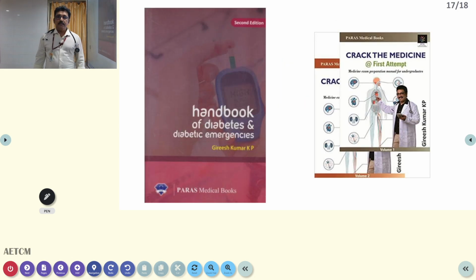So we have discussed the different types of insulin which are available for our practice. We have regular short-acting insulin, long-acting insulin, ultra-long-acting insulin, short-acting analog insulin, long-acting human insulin, and long-acting analog insulin.